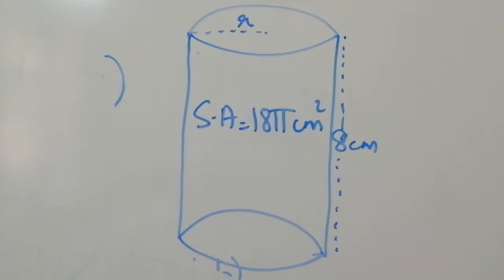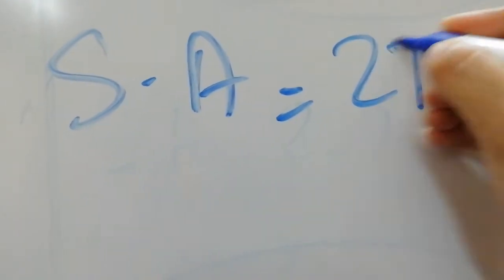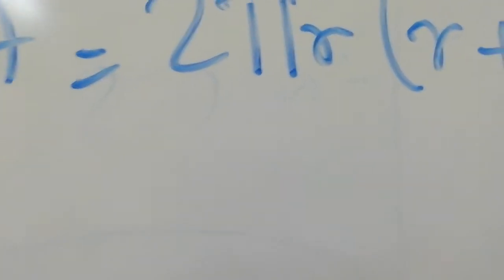Okay, let's find the radius. In this question we have got our surface area and height, and we have to find the radius. Again the formula is the same: surface area is equal to 2 pi r in the bracket r plus h.